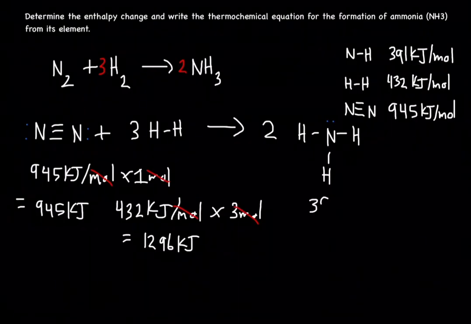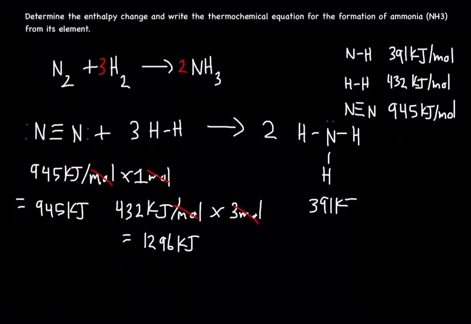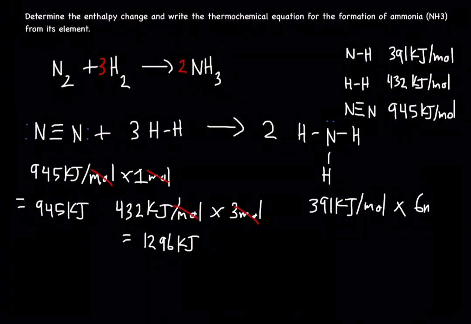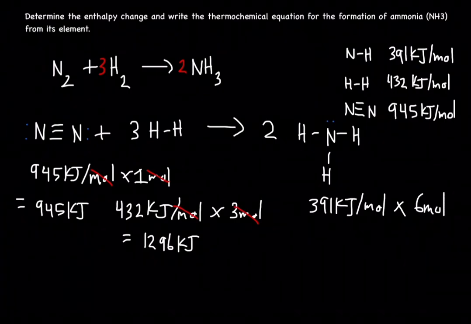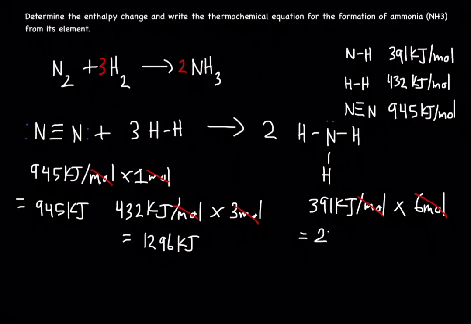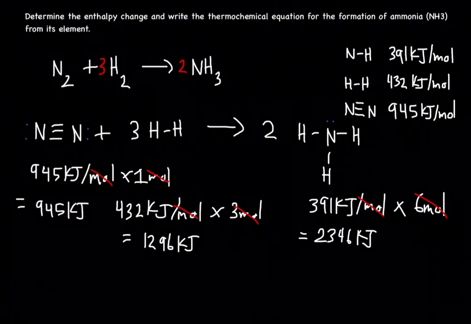So 391 kilojoule per mole times 6 mole. So mole cancels, and 391 times 6 is 2,346 kilojoule.